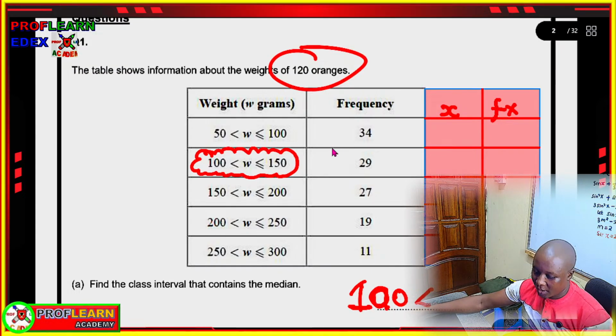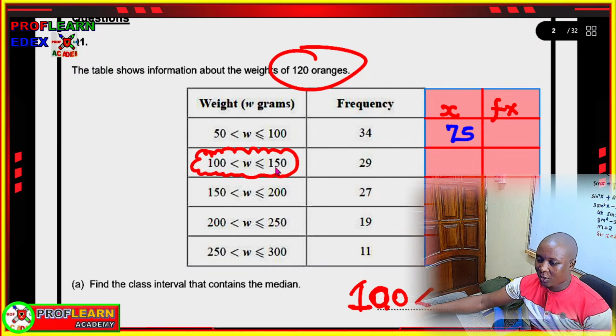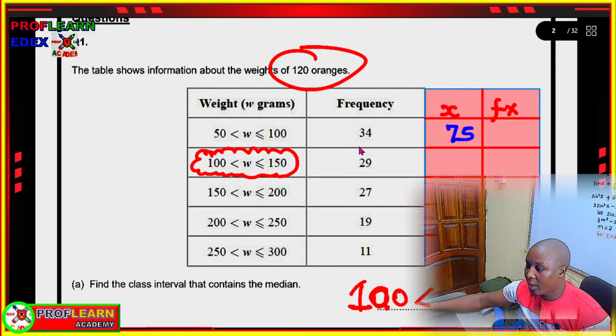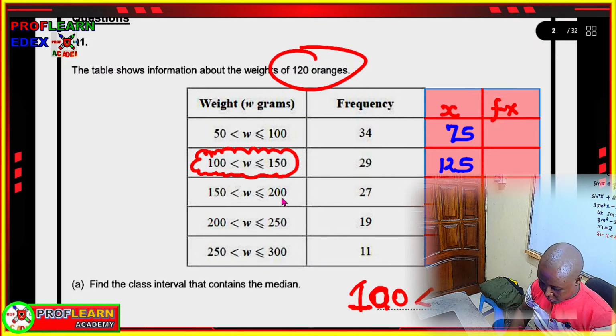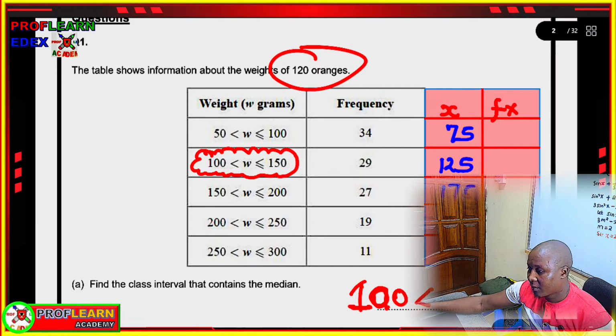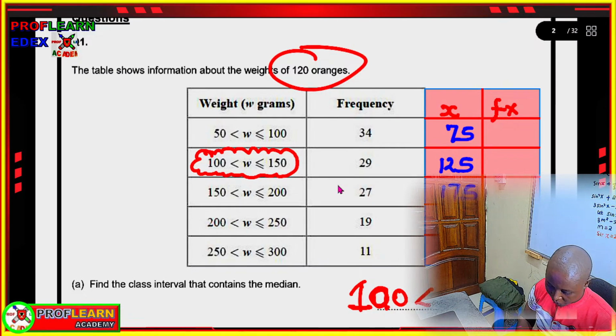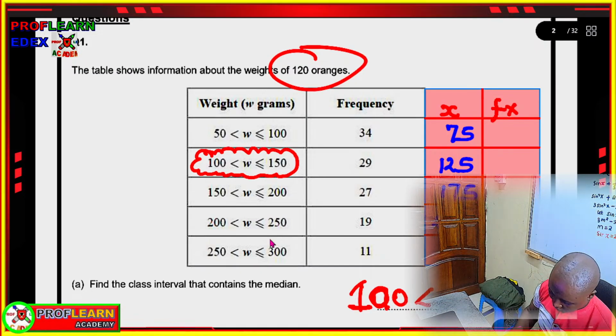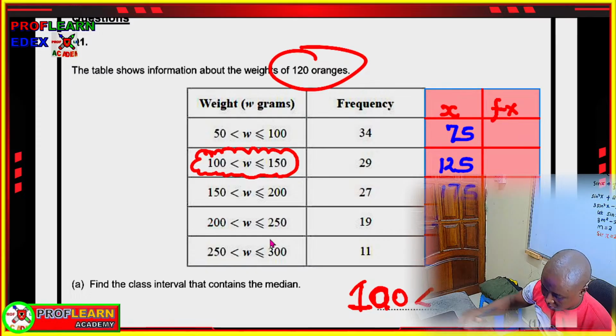So we get 75 for this case. 100 plus 150 divided by 2, that is 250, divided by 2, that's going to be 125. 150 plus 200, that is 350, divided by 2, that becomes 175. 400 divided by 2, 450 divided by 2, that becomes 225. This is going to be 550, so 550 divided by 2, that's going to be 275.